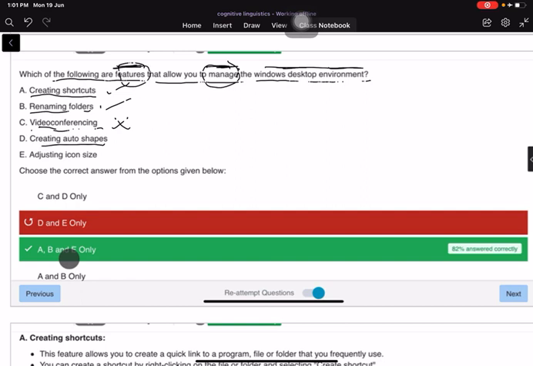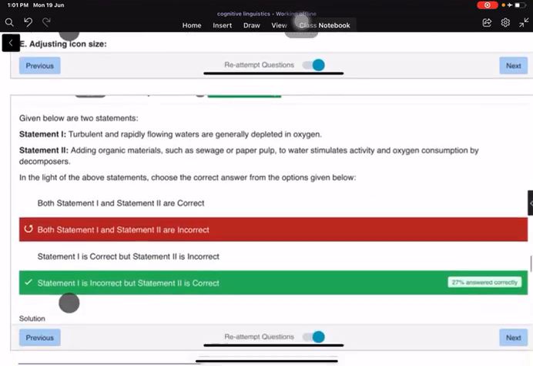And creating auto shapes, even that is not correct. Adjusting icon size, that's correct. So creating shortcuts, renaming folders, and adjusting icon size, not creating auto shapes.